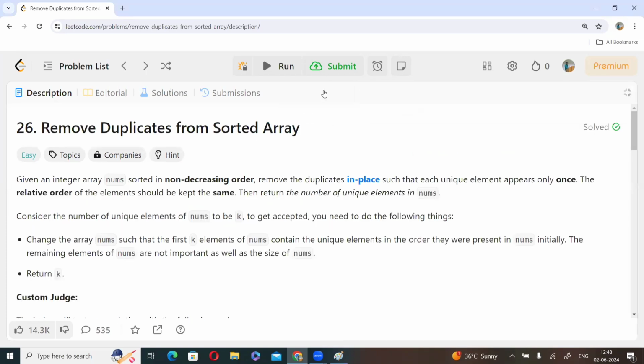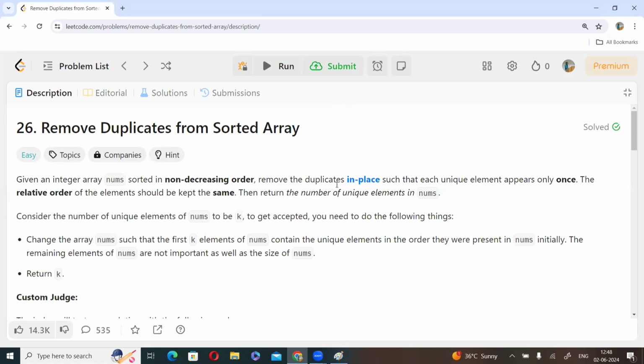Read the question carefully. Given an integer array nums sorted in non-decreasing order. The meaning is they are given an array. The name of the array is nums and the elements in the array are already in ascending order.